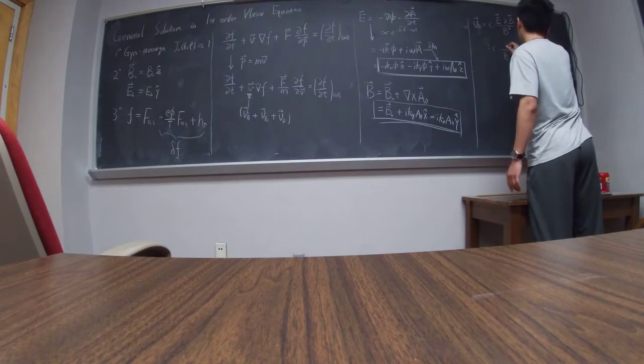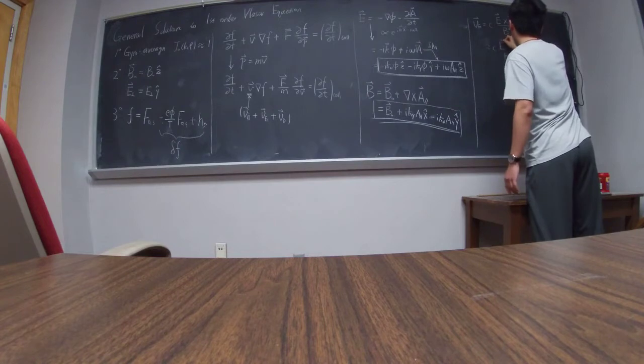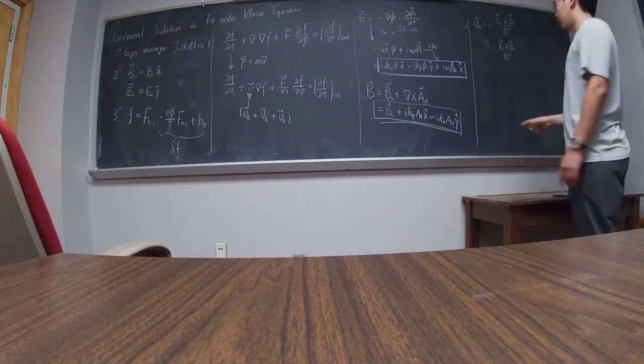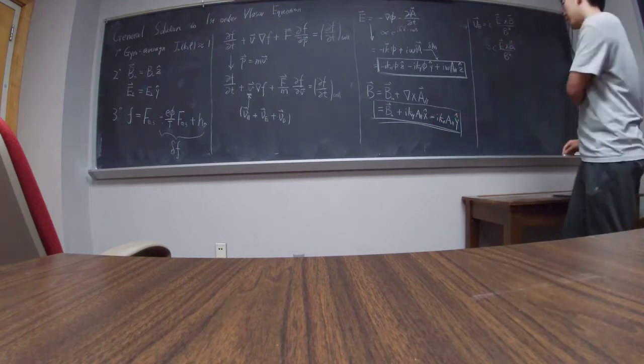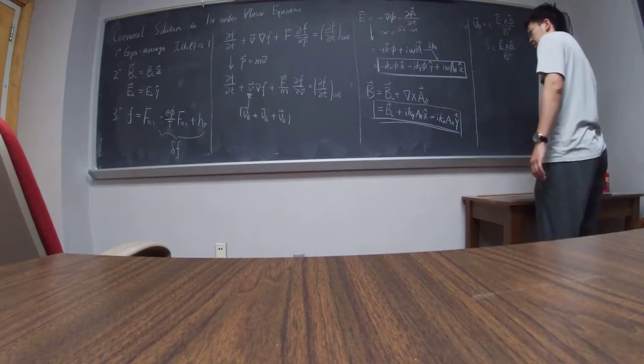We need first order, so we will end up having E crossed with B naught, because anything else in this will become second order.